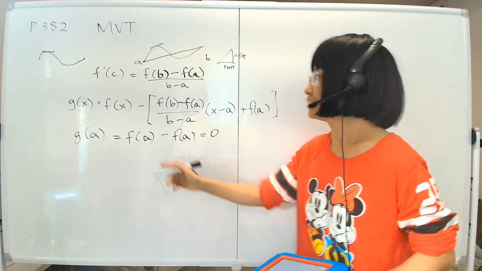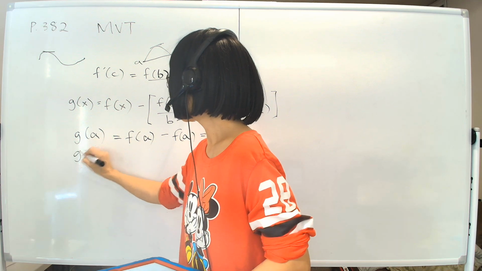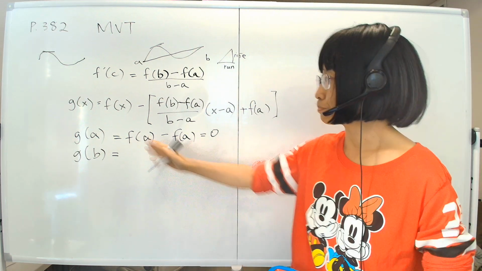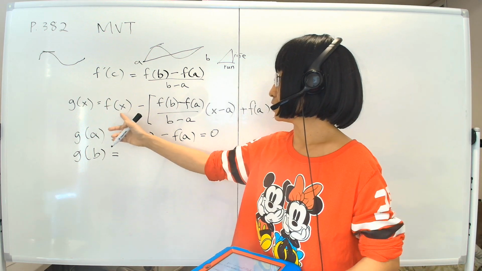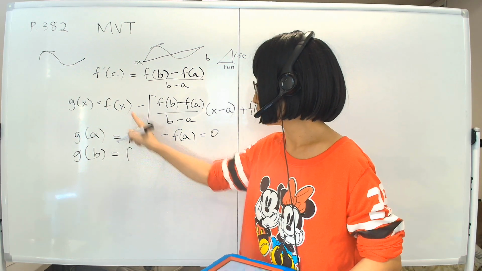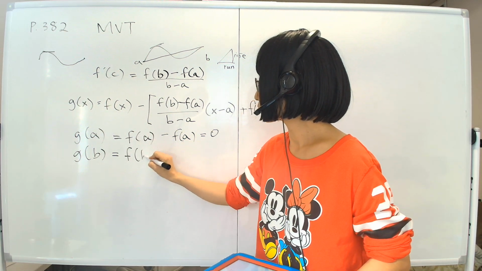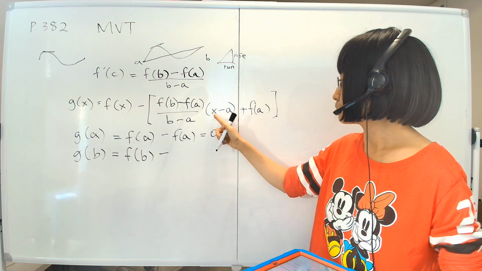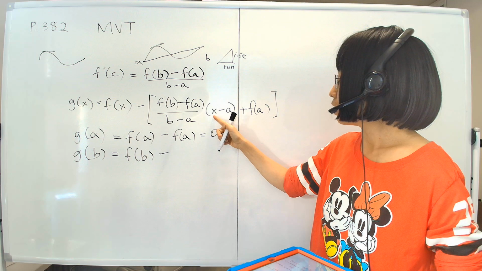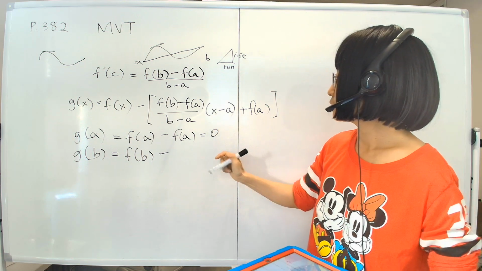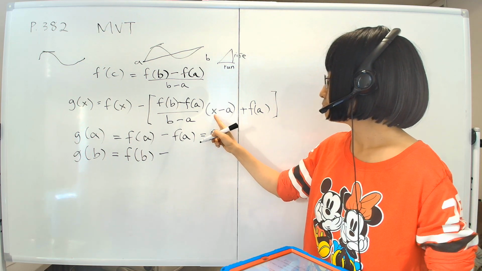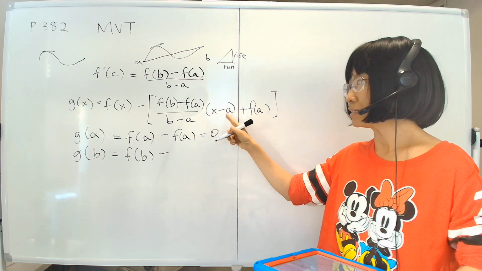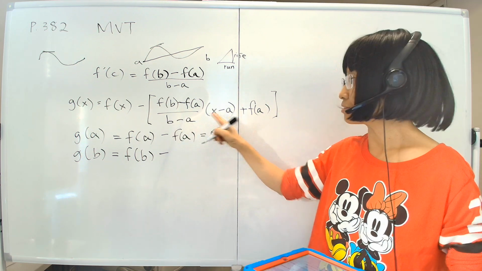Now g of b, what is g of b? Let's plug b into the x. So g of b equals f of b minus, and that becomes b minus a, and this is also b minus a, so that cancels out.